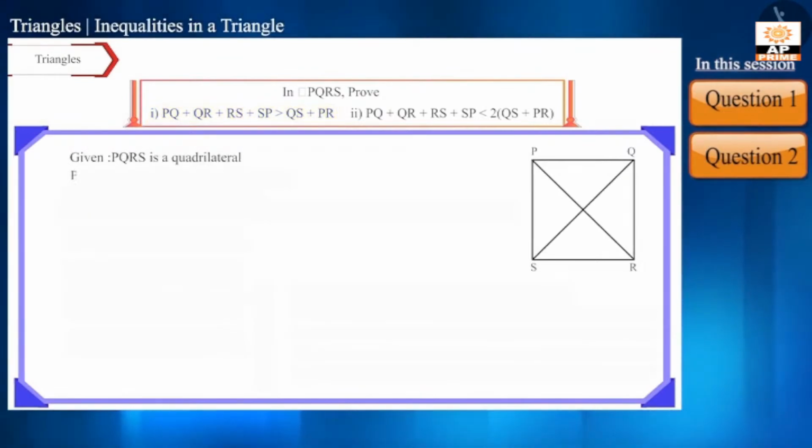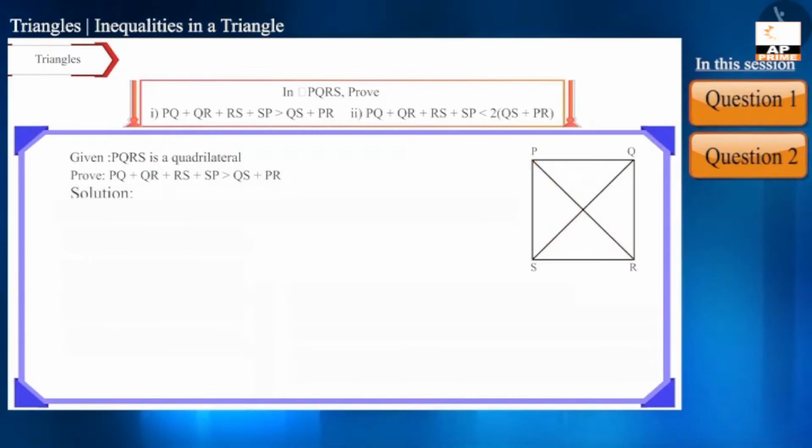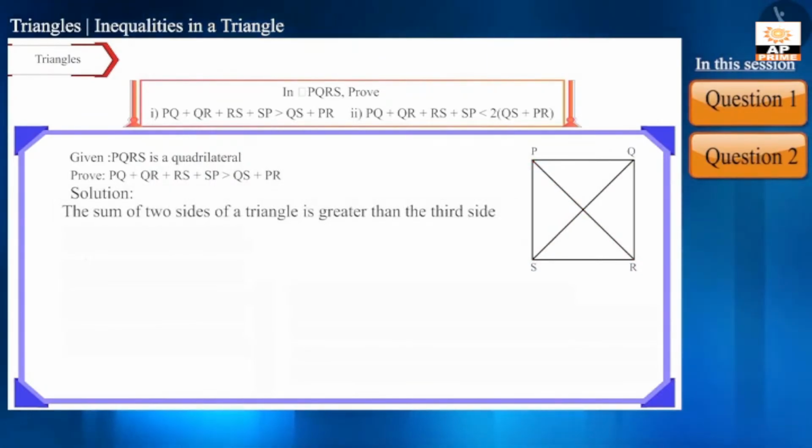We have to prove that PQ plus QR plus RS plus SP is greater than QS plus PR. In a triangle, the sum of two sides is greater than the third side. So, in triangle PQR, we can say that the sum of side PQ and side QR is greater than side PR.